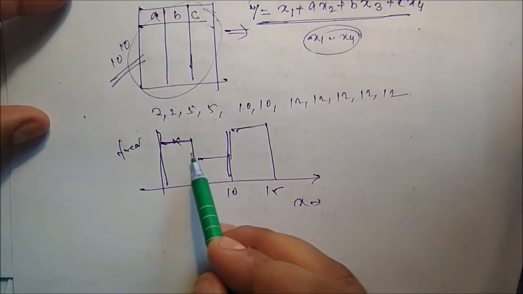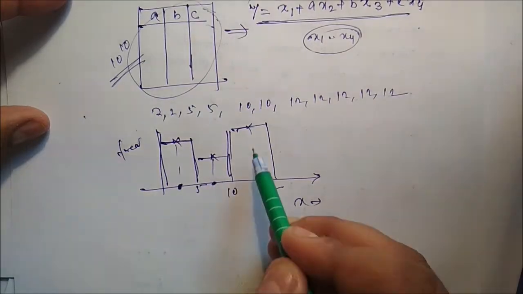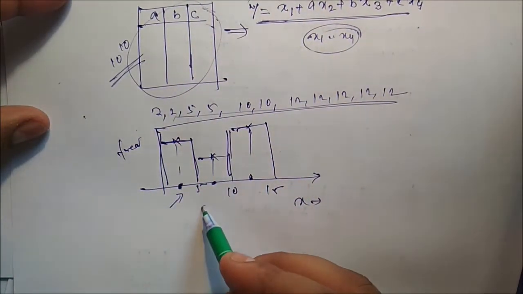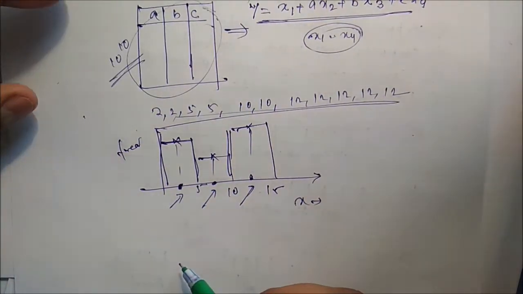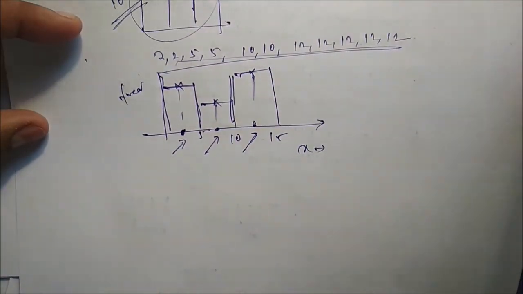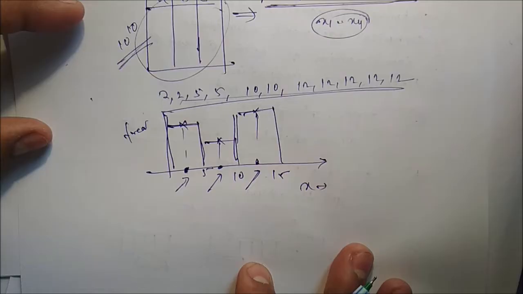Now you just identify the midpoint, and instead of storing the whole database, we can store only these 3 data, which are the representative data. In this way we can implement the histogram. We can use a histogram to reduce the database.